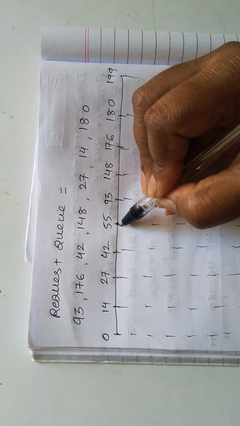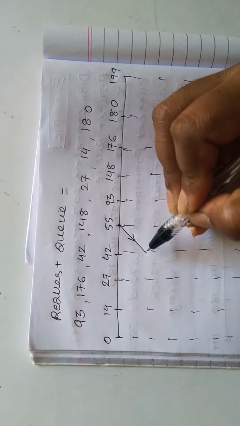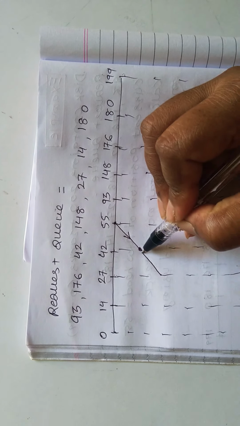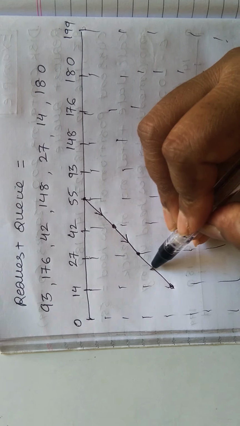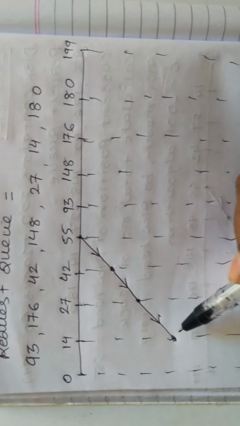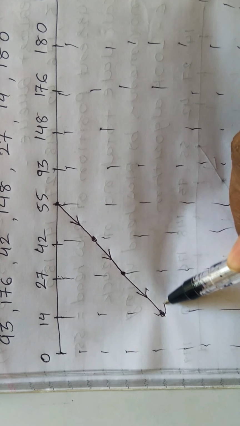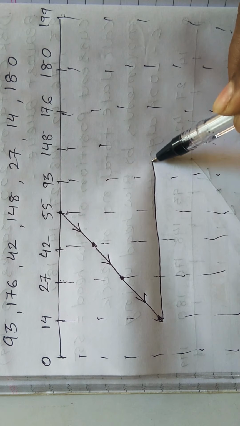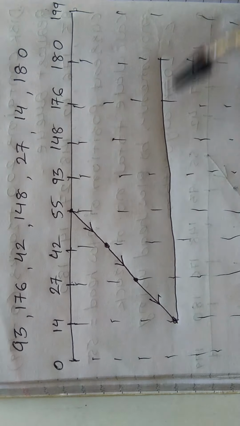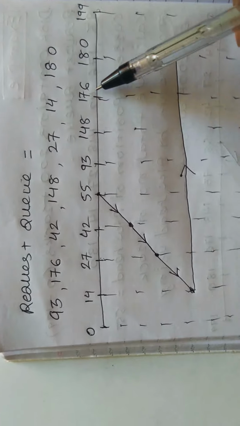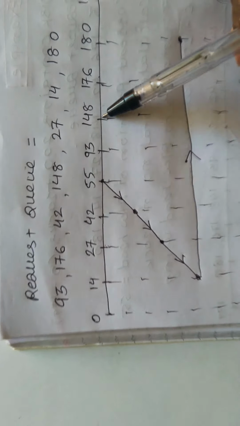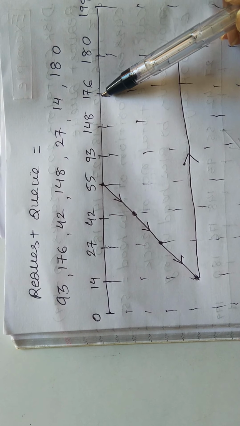So firstly it will move till 42, then 27, then 14. Once it reaches the last request on this side, your read write head will take the reverse direction and move towards the last request on the other side, but without servicing the requests 93, 148 and 176.